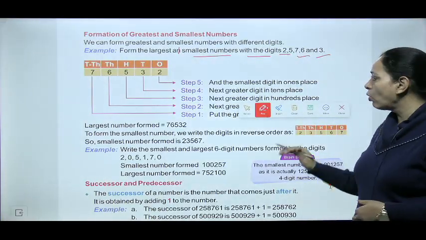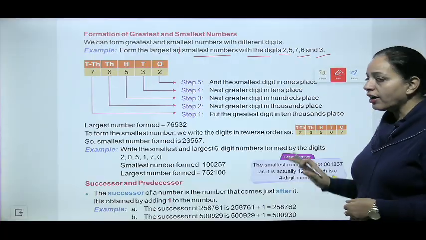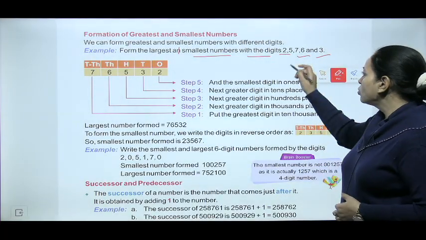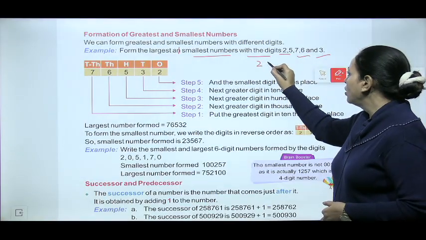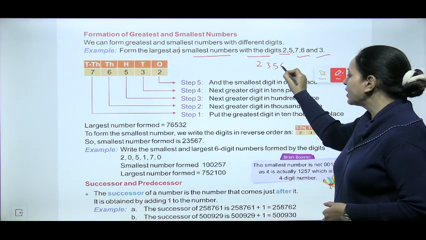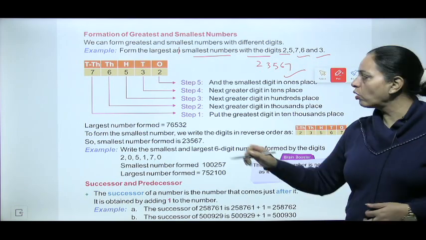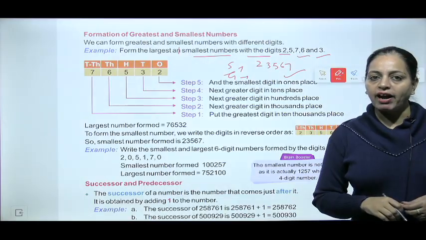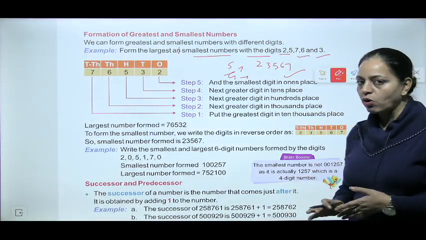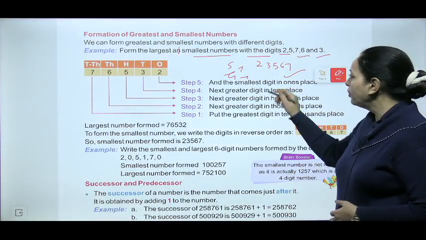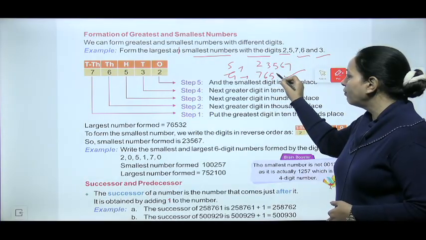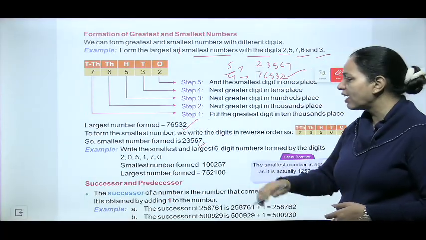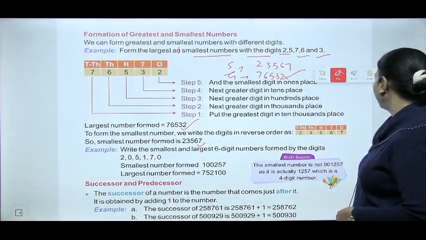So when we have to make the smallest number, what will we do? Write the digits in ascending order. So the smallest digit first: 2, 3, 5, 6, 7. This is the smallest number. And when we have to make the greatest number, then write the digits in descending order. So the largest number is 7, then 6, 5, 3, 2. So this is the smallest and this is the largest number, right?